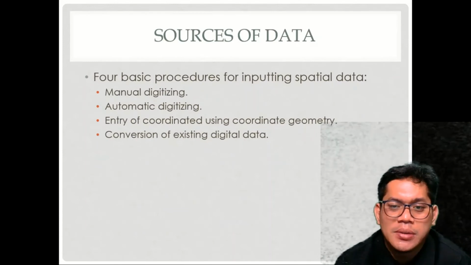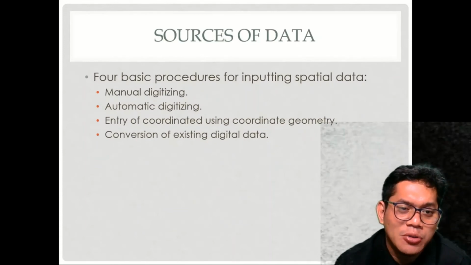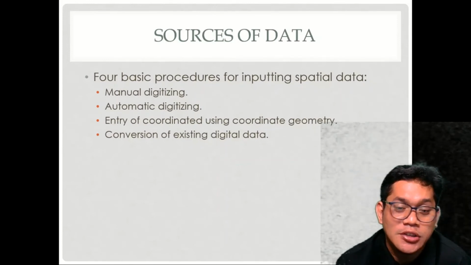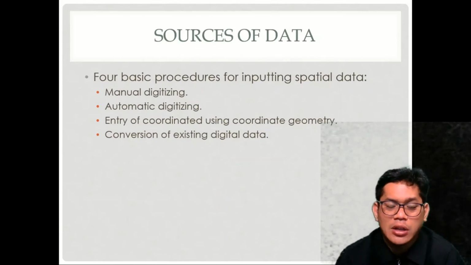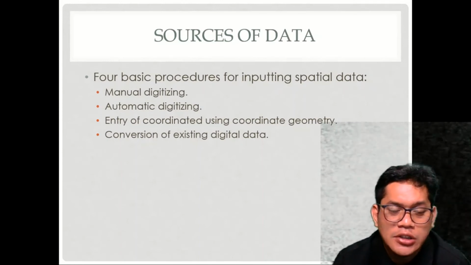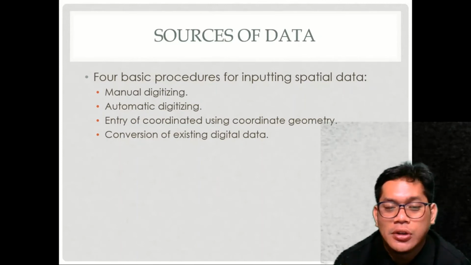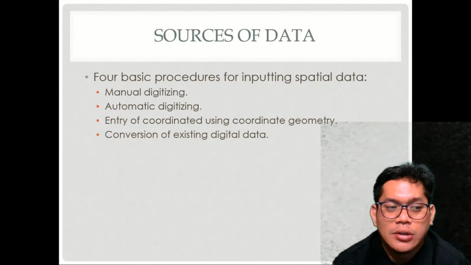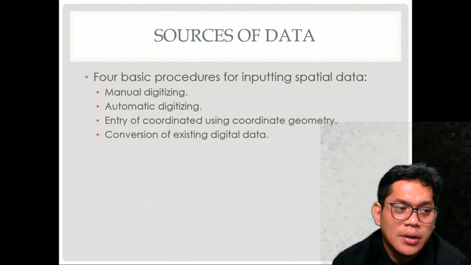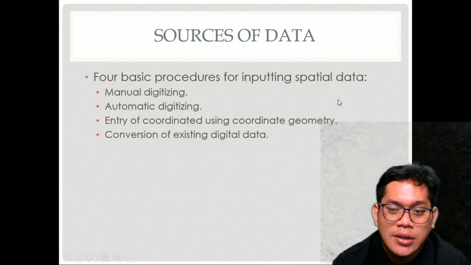And there are four basic procedures to input the data: manual digitizing, automatic digitizing, entry of coordinates using coordinate geometry, and conversion of existing digital data, which requires a lot of time, effort, and human energy, workforce to do all of this inputting. That's why data acquisition is very expensive in the GIS.